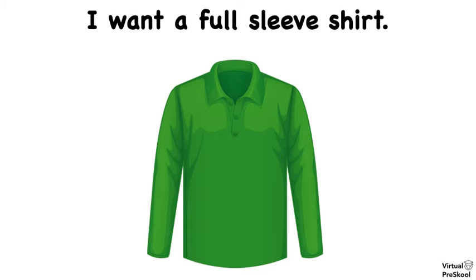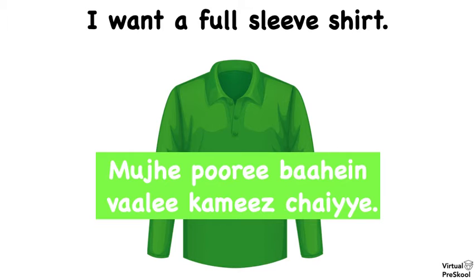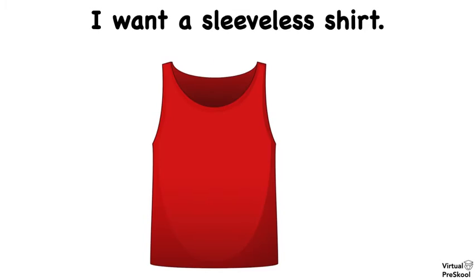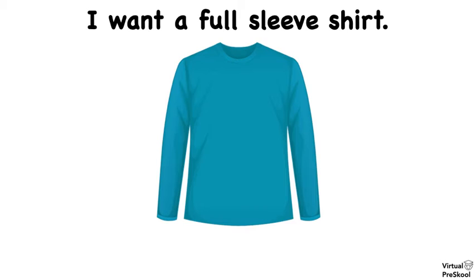I want a full sleeve shirt. मुझे पूरी बाहें वाली कमीज चाहिए. And this one, I want a sleeveless shirt. मुझे बिना बाहें वाली कमीज चाहिए. Next one, I want a full sleeve shirt.